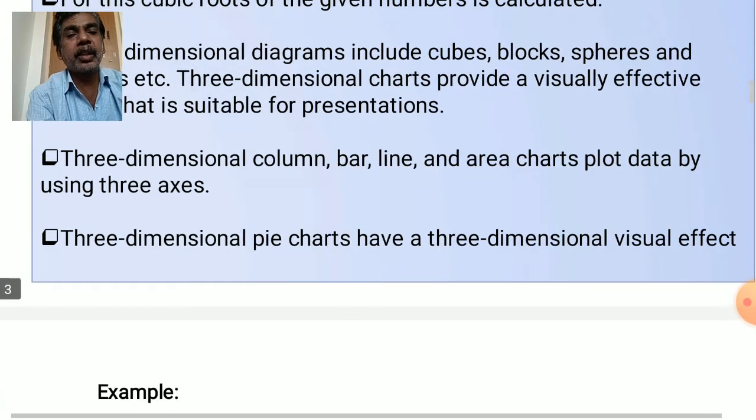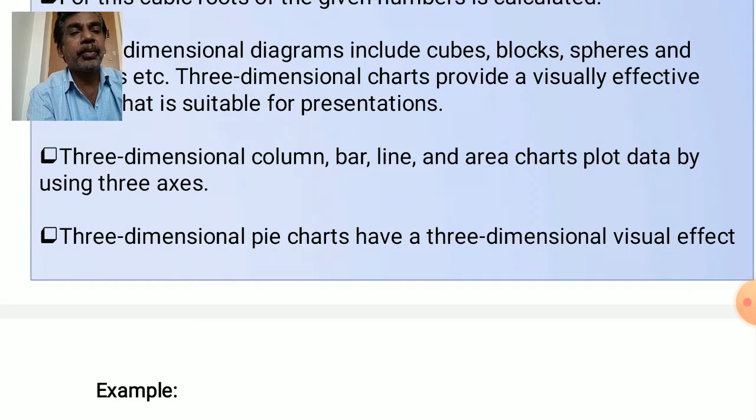Three-dimensional pie charts have a three-dimensional visual effect.